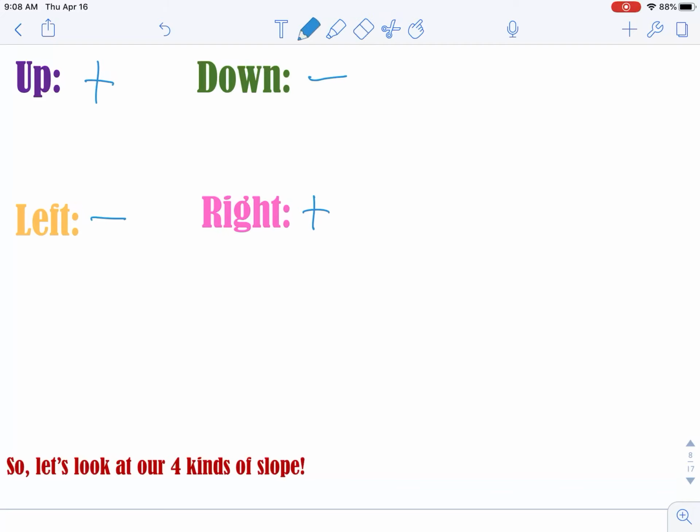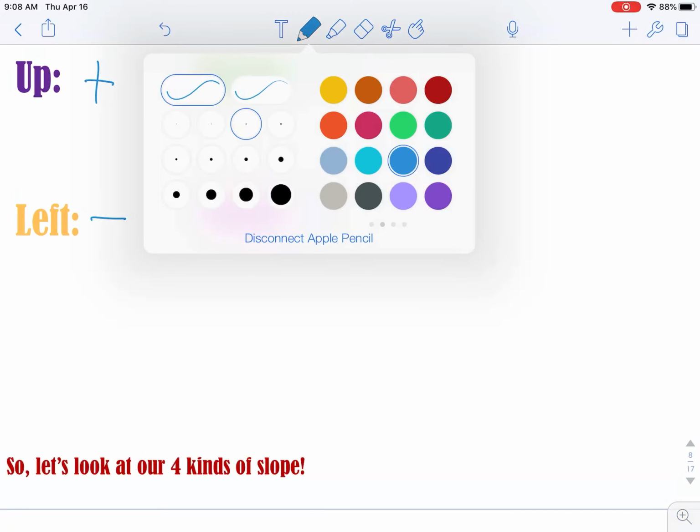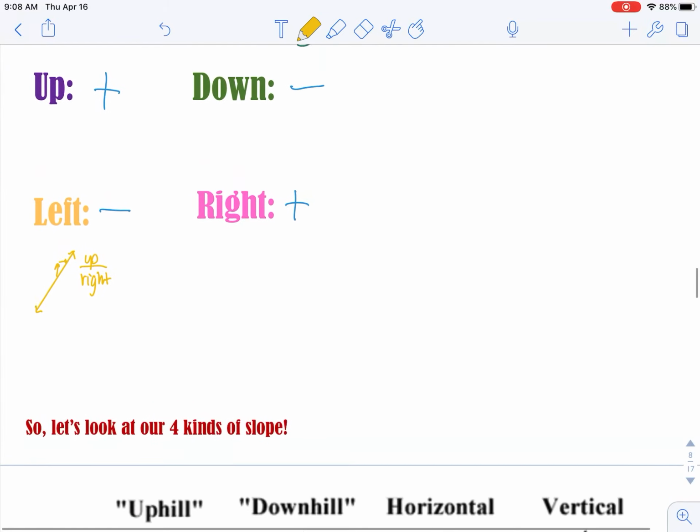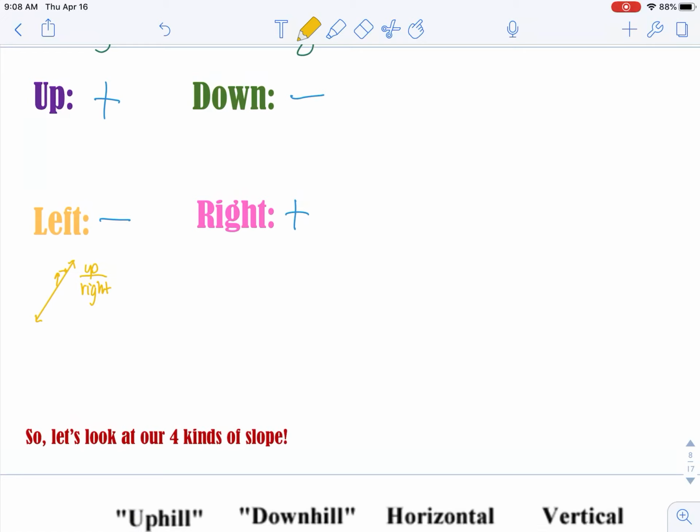So we're going to look at our 4 slopes. Let's start right here. Let's look at our increasing slope. Our increasing slope is either going up and to the right, or it's going down and to the left.